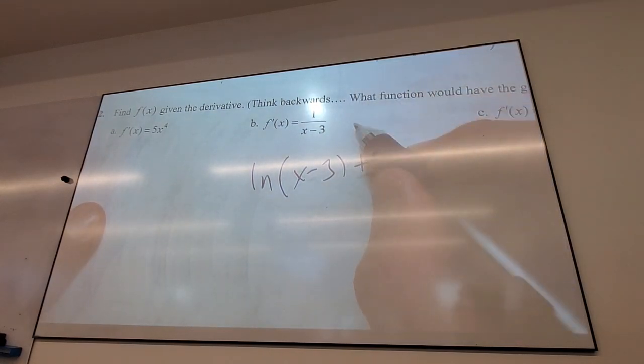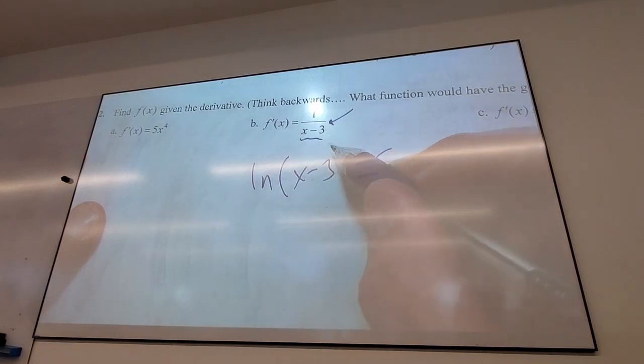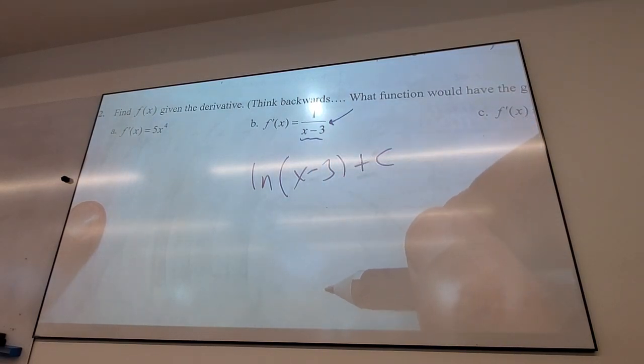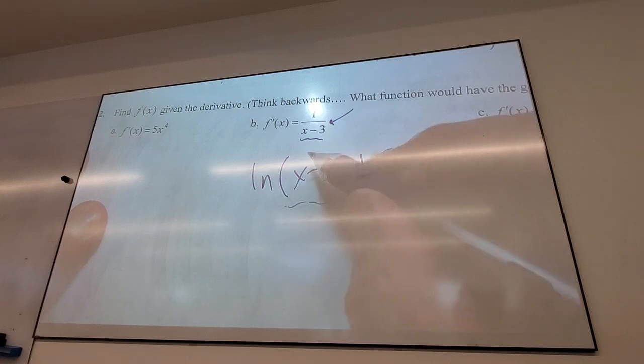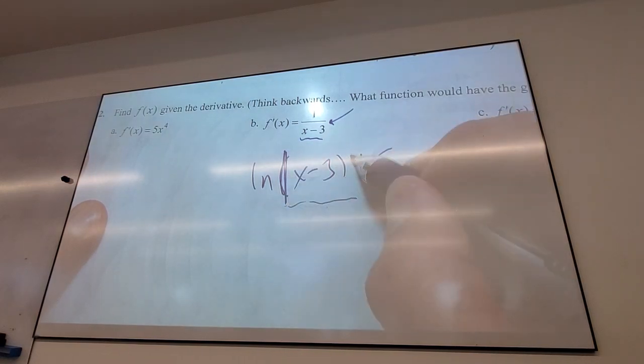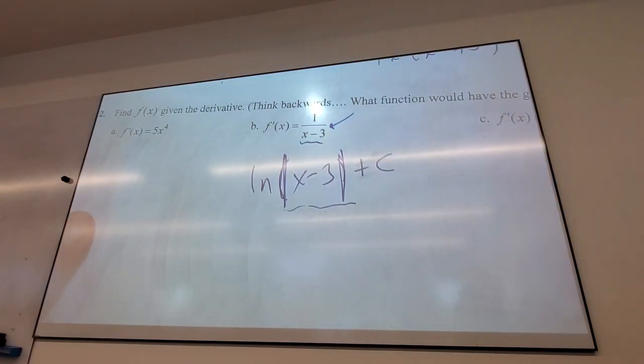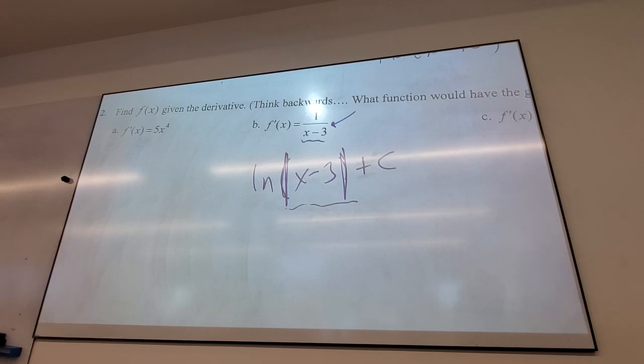What is the domain of this? X cannot equal 3. And what's the domain of this? X has to be greater than 3. Do those domains match? Does anyone remember what I should put here? The absolute value. You guys remember that? Now that has to show up, because now we're going backwards. To cover myself, I better put the absolute value.